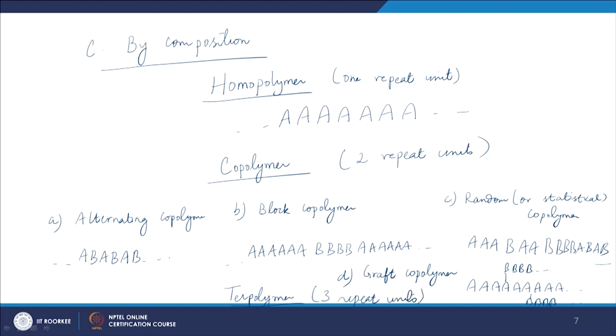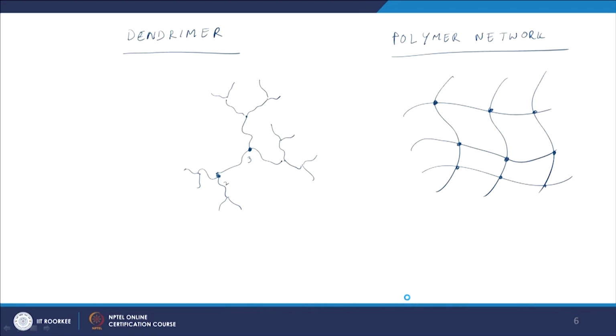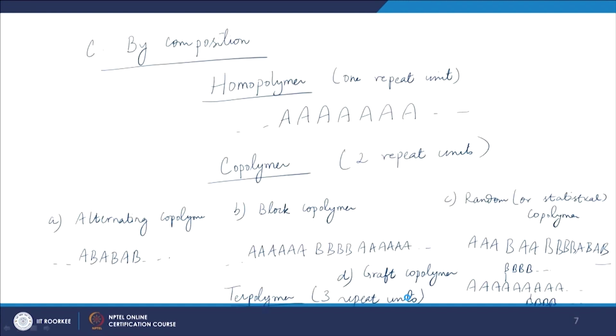Okay. So, finally, I looked at the classification by origin, classification by structure, and then classification by composition, and then there is a last one where we look at the classification by phase. So, for example, a polymer can be a solution.